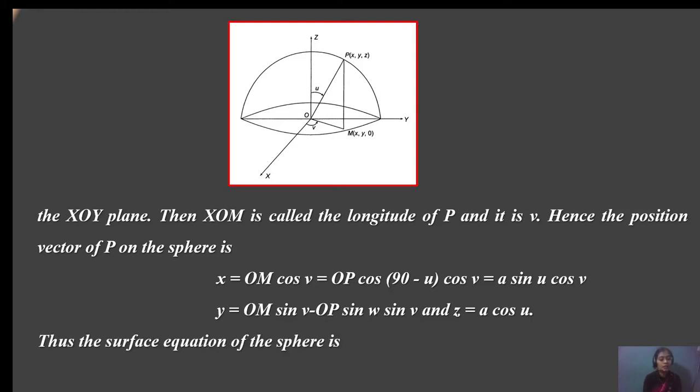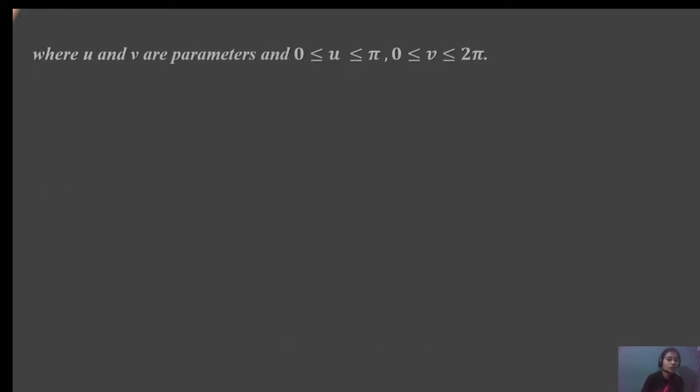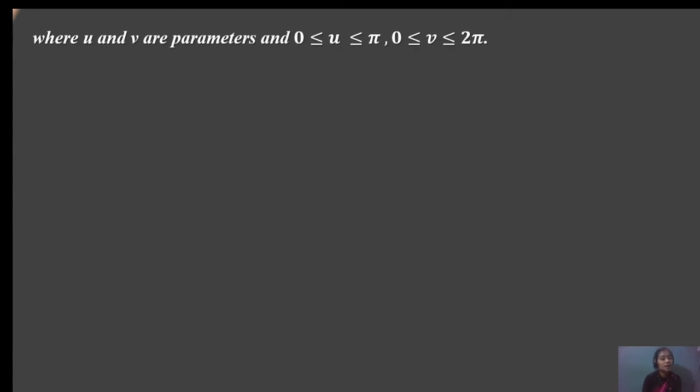Thus the surface equation of the sphere is r equals (a sin u cos v, a sin u sin v, a cos u), where u and v are parameters, 0 is less than or equal to u less than or equal to pi, that is 0 to 180 degrees, and v ranges from 0 to 2 pi, that is 360 degrees.